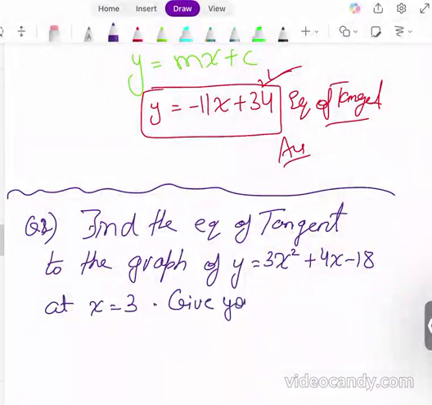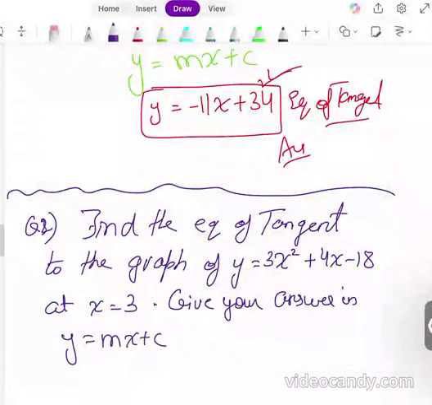Give your answer in y is equal to mx plus c. Okay, quickly, all of you try this one. Then we will share the answers. Okay, boys, quickly try this one.